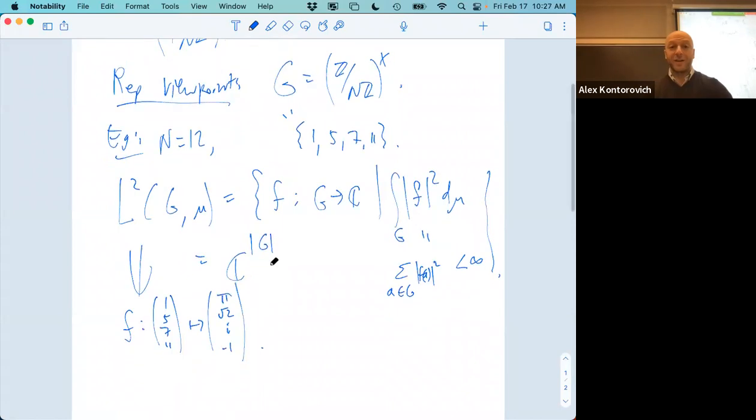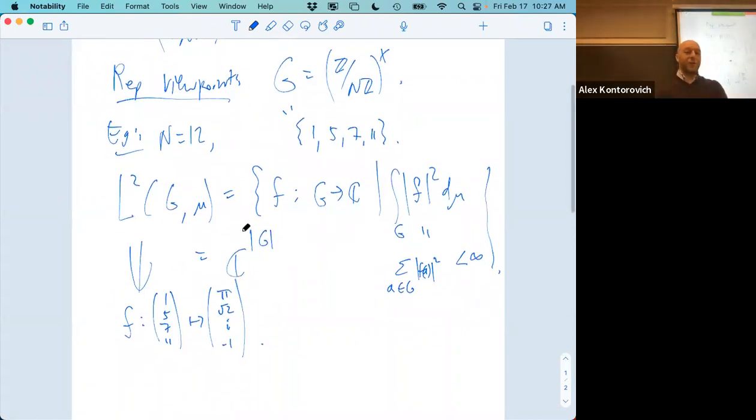Now this space of functions is also a Hilbert space. I'll call it V. I have an inner product, right? If I have two vectors, f and f prime, I'm going to keep speaking of vectors, since these are vector spaces of functions.